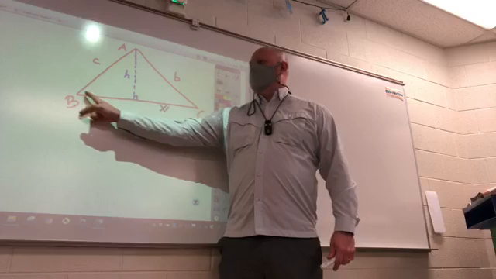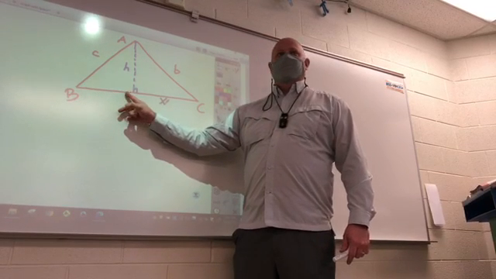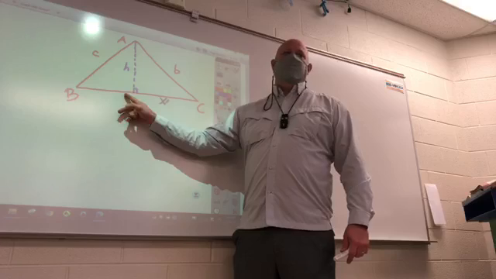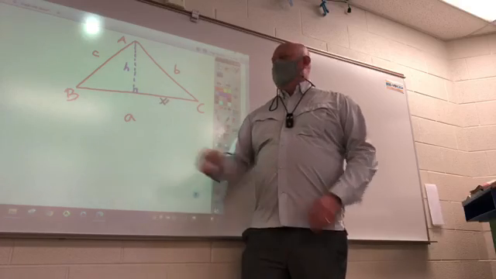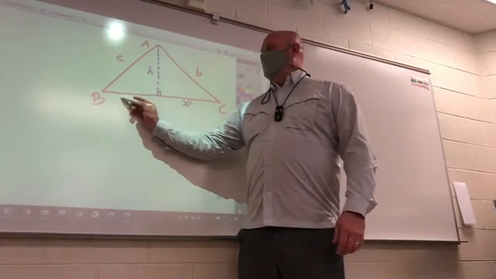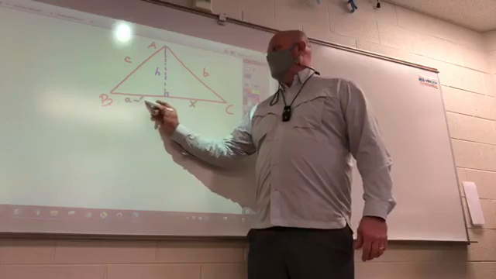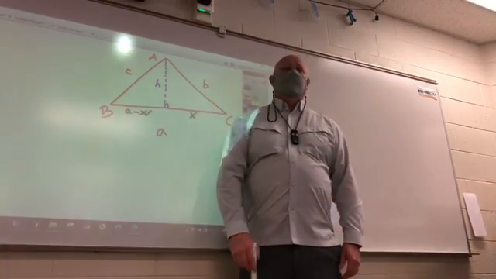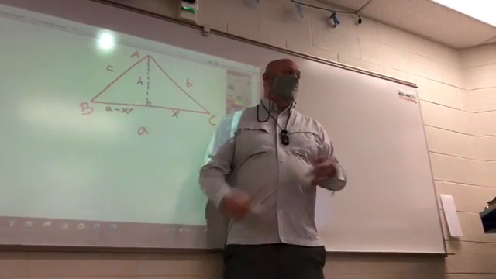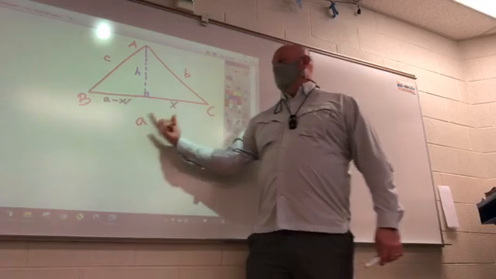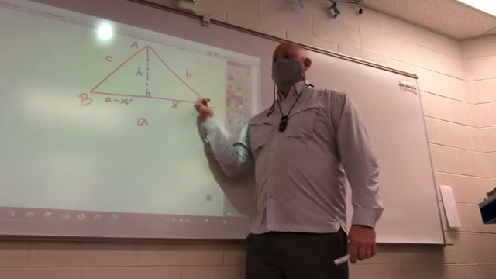Can we name this little portion? Yeah, let's make it Y. Well, we could use Y, but we could be more specific. I don't know what it is, but isn't it whatever A is minus X? Sure. So we don't need to come up with another letter. We already know it's whatever the whole thing is minus this portion, right?